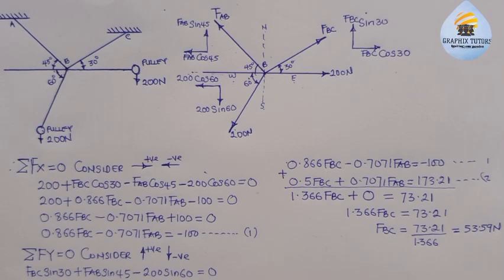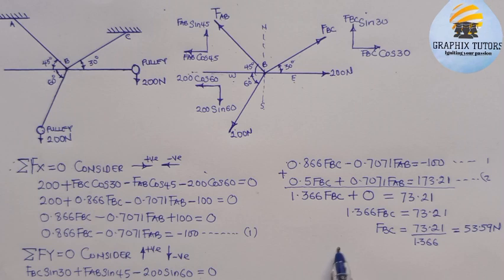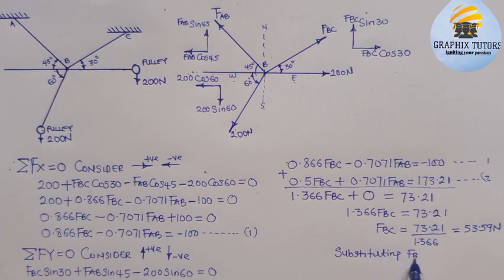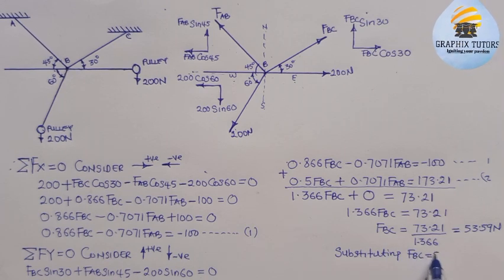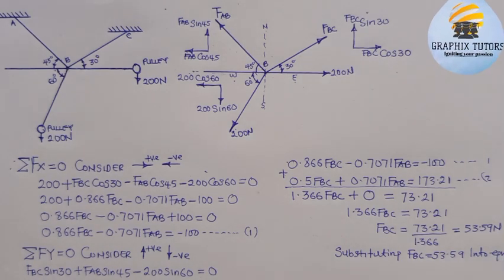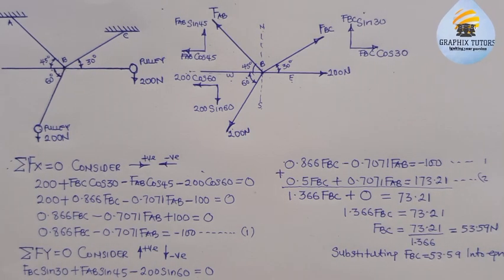Now the next thing is you are now going to input your FBC into equation 1. So I'll write it this way: substituting FBC equals to 53.59 into equation 1.